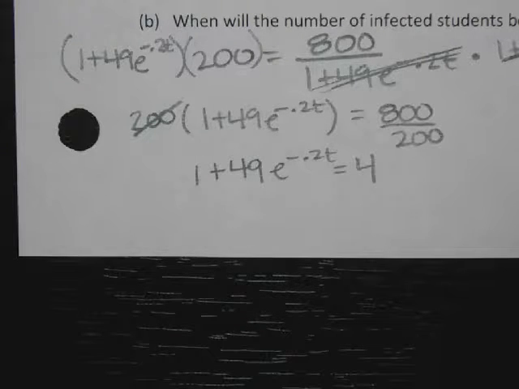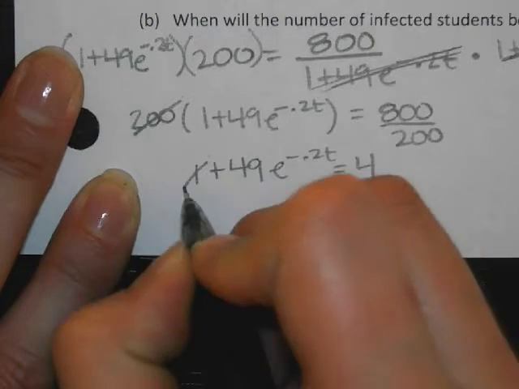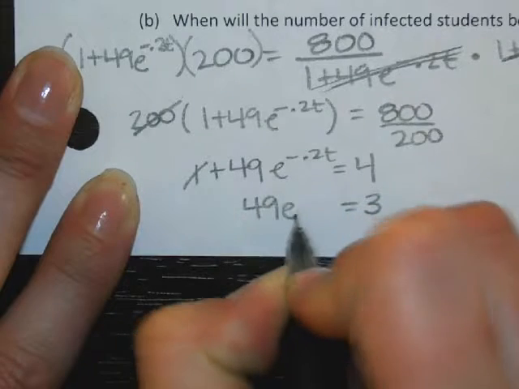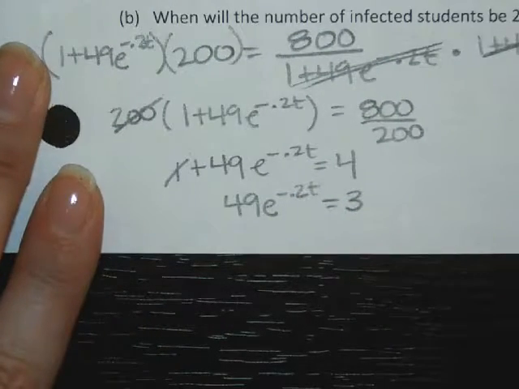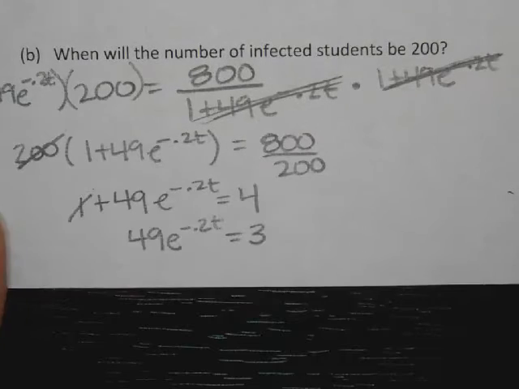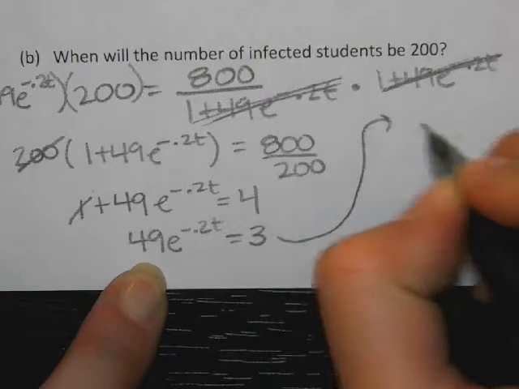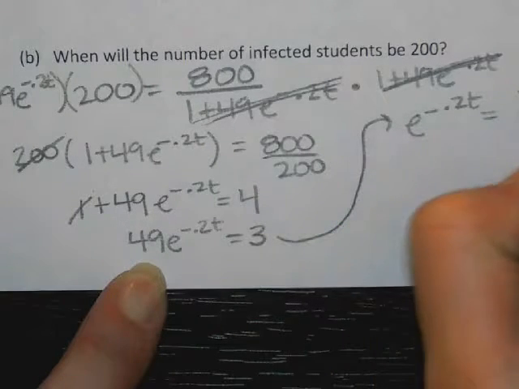Not yet. Subtract 1. So I've got 3 on the right side now. Divide by 49. So I have e to the negative 0.2t equals 3 over 49.